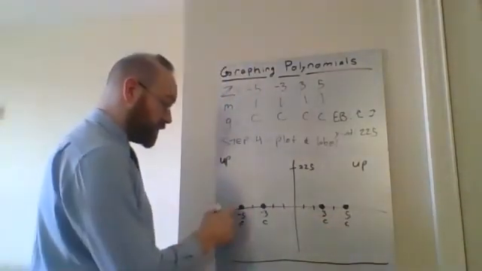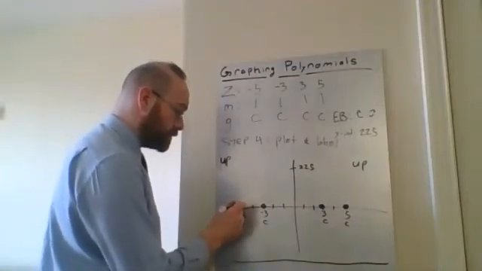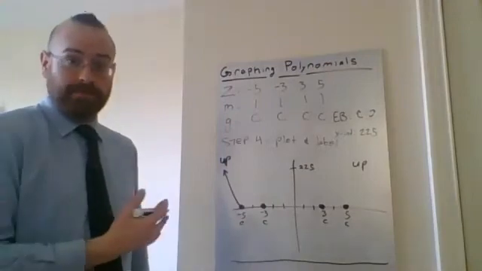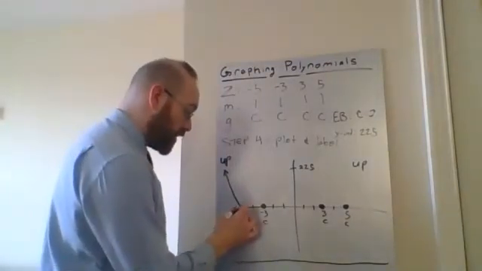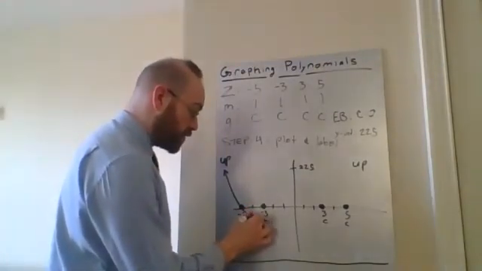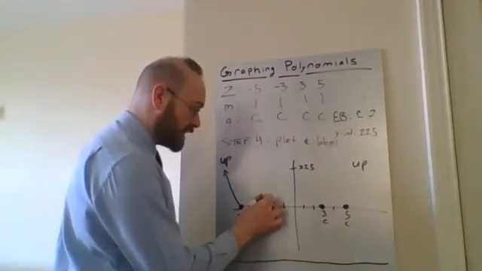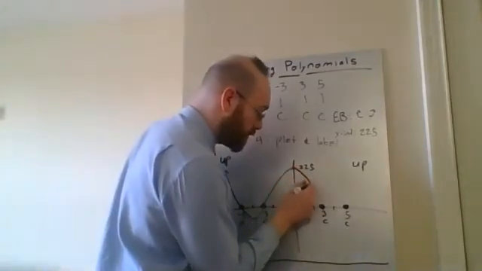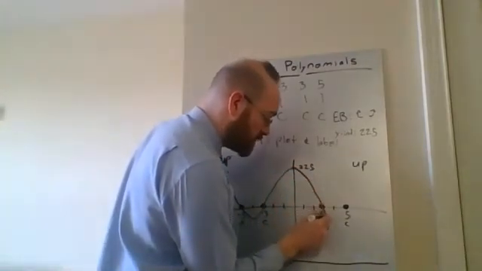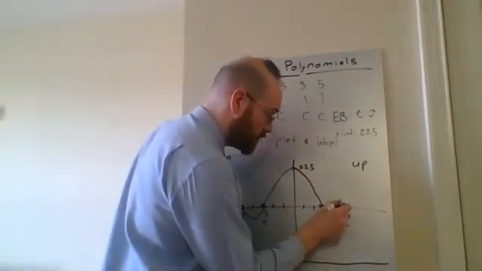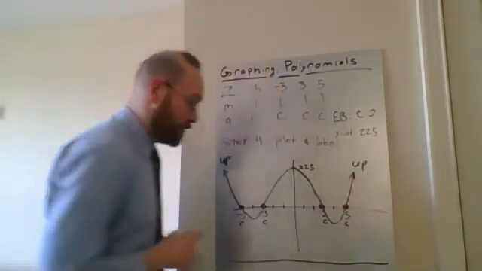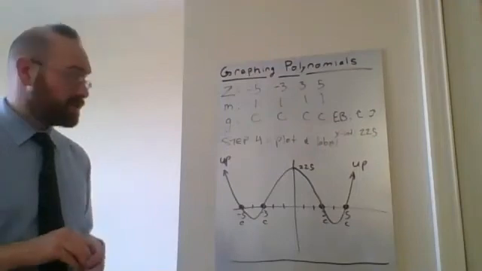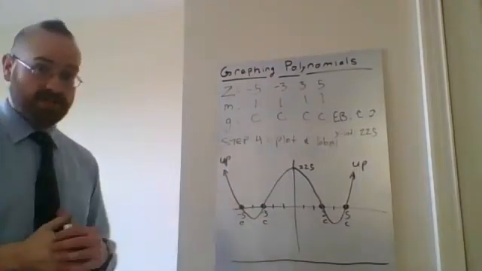So starting from my leftmost zero, I'm going to draw the end behavior that goes up. Then I'm going to cross, curve back through, cross again, go up through my y-intercept, down to the next zero, cross, cross, and then go up. And with that, we have finished.